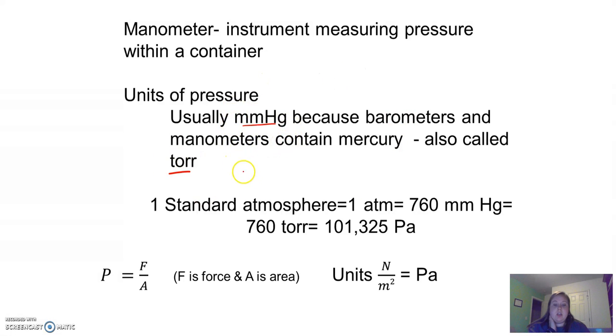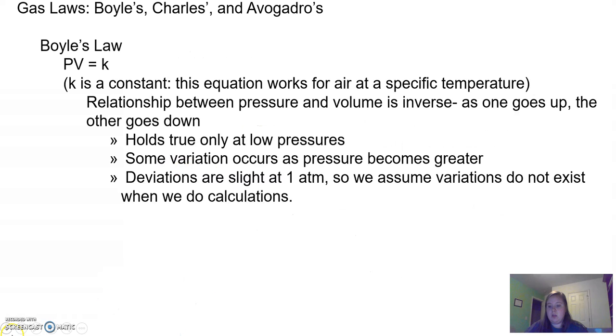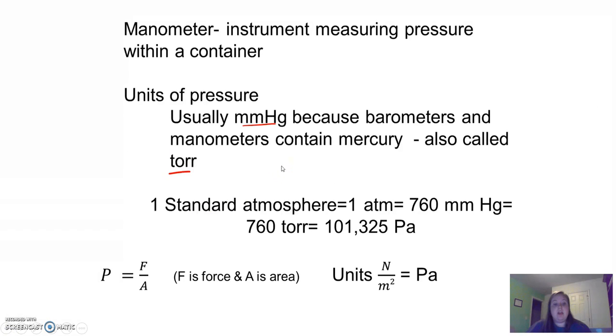There are a bunch of different units that we use to measure pressure, and this slide talks about some of the most common ones. Millimeters of mercury and torr are two of them. Those two units are the same. They're equivalent to one another. Some of the other units that we will use to measure pressure are atmospheres, which is the same as ATM, and then pascals is another one.